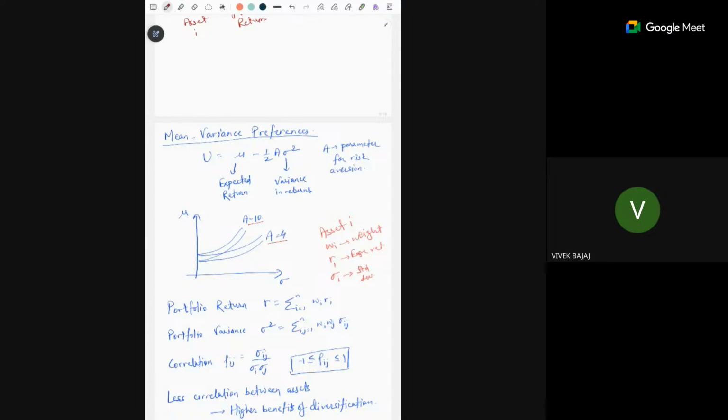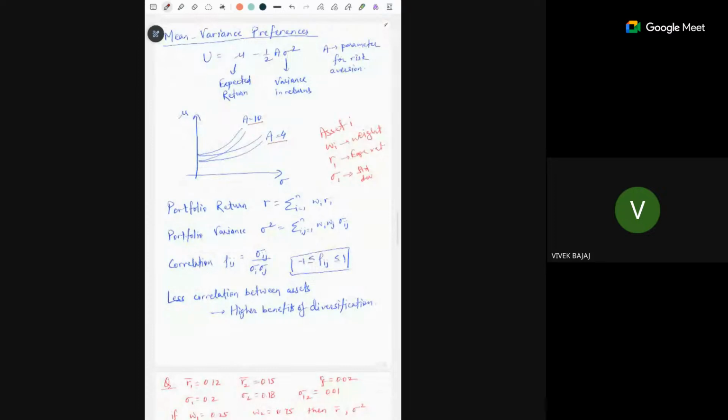Now we are moving towards the discussion of portfolio theory. Portfolio means a combination of multiple assets. For example, if you have a portfolio of n assets, and I am representing an individual asset i, which has expected return Ri, standard deviation sigma i, and I am investing Wi amount of my wealth in this asset.